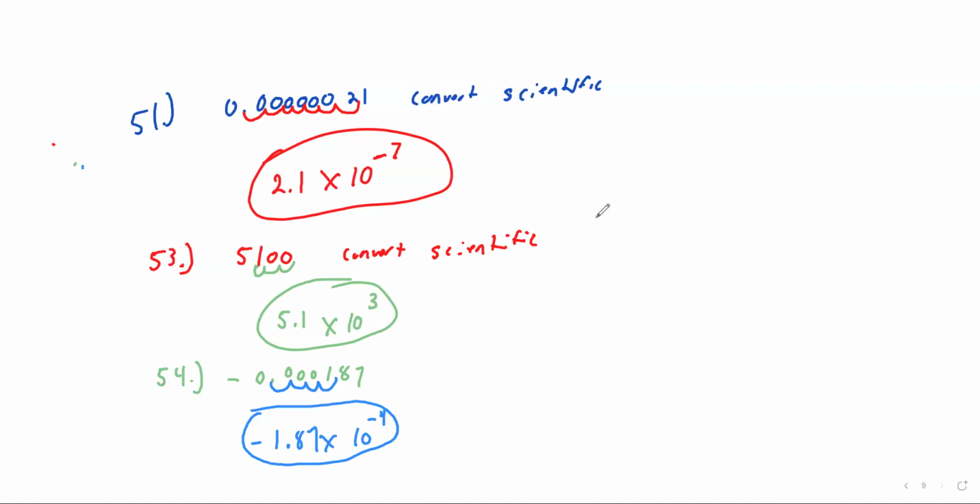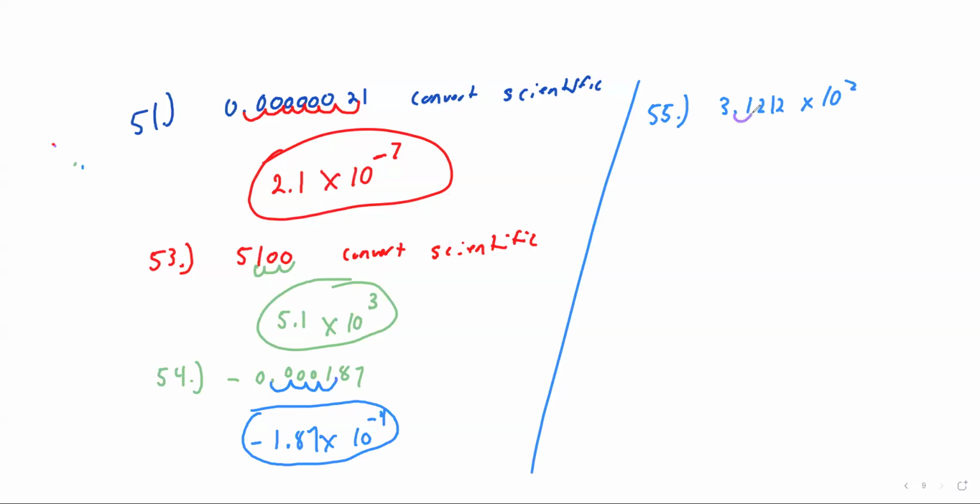All right, let's do one more to make sure you have plenty of examples. Let's look at 55. This one is 3.12 times 10 to the 2nd power. Actually, I wrote that wrong. This time I want to convert it to standard form. It's a positive exponent, so I move the decimal to the right that many times.